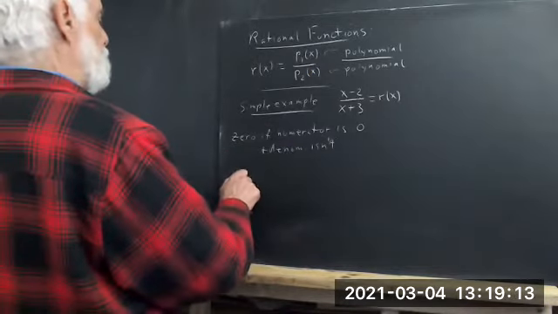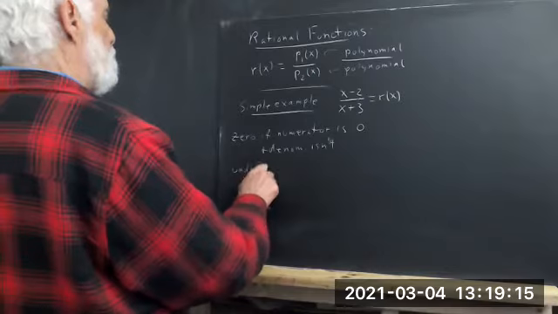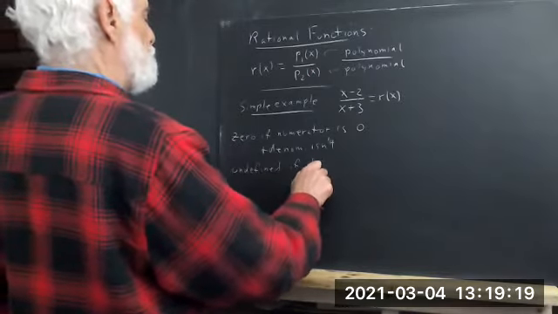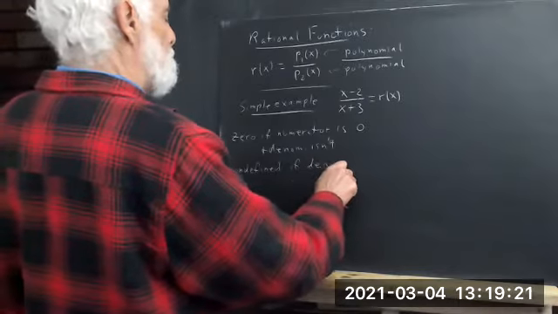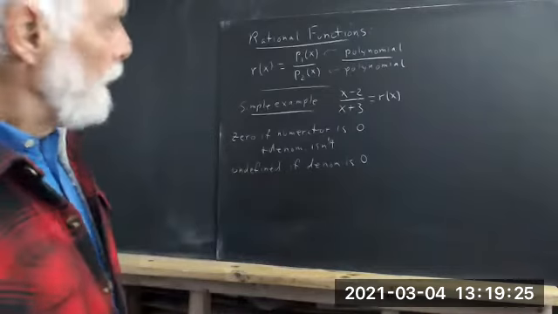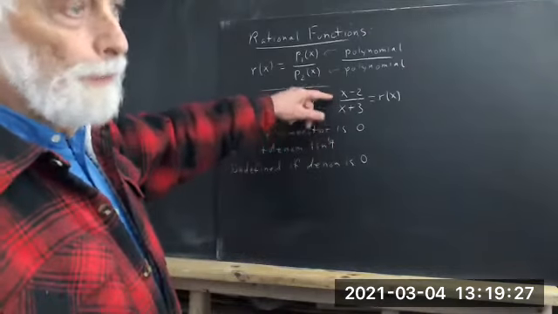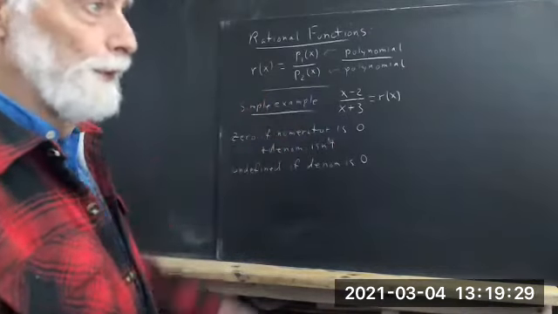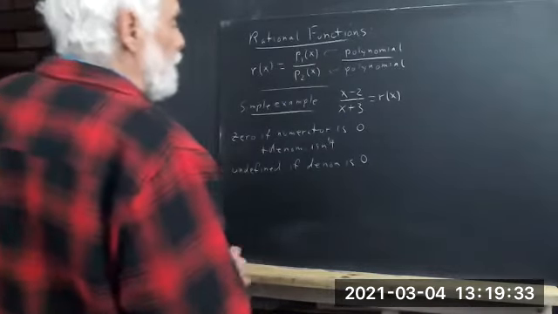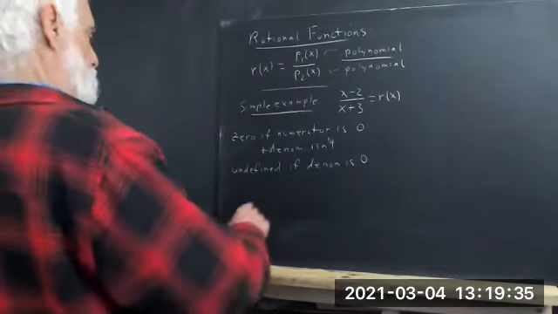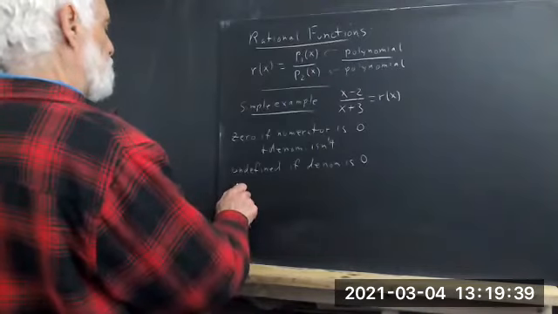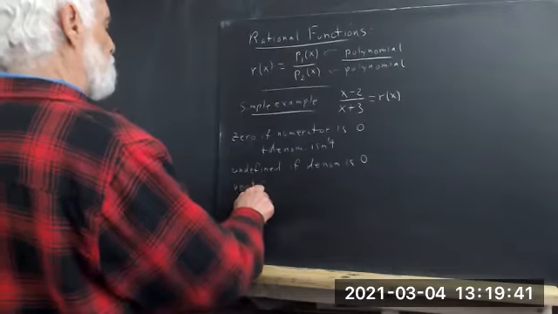It's undefined if the denominator is 0, because if the denominator is 0, then we're dividing by 0, which is an undefined operation. And it's got a vertical asymptote, which is something we do need to talk about.